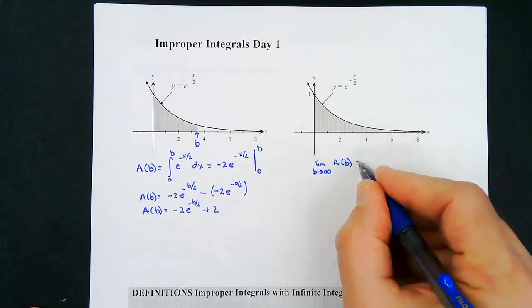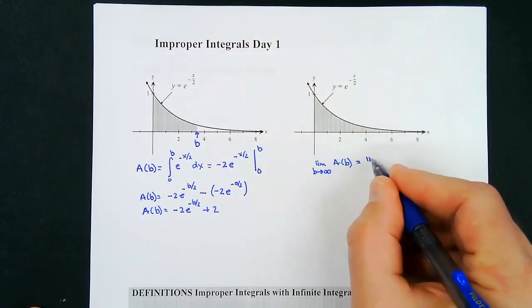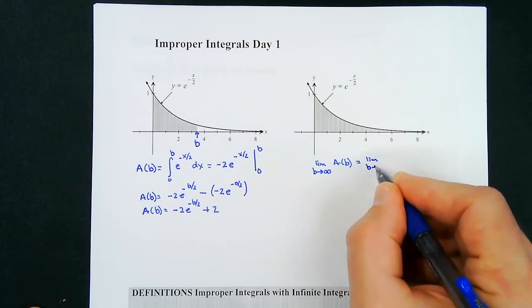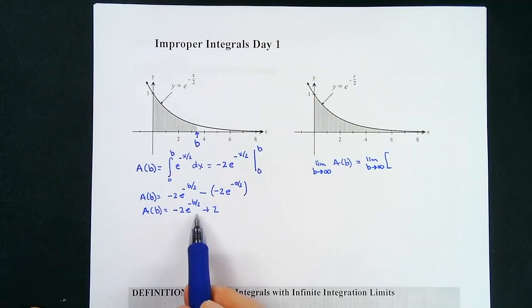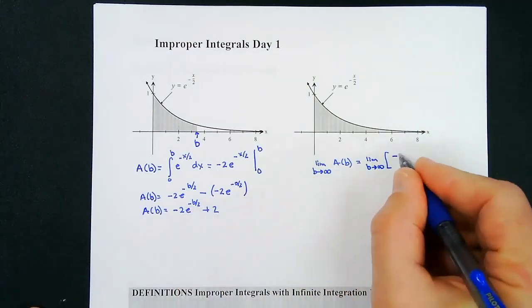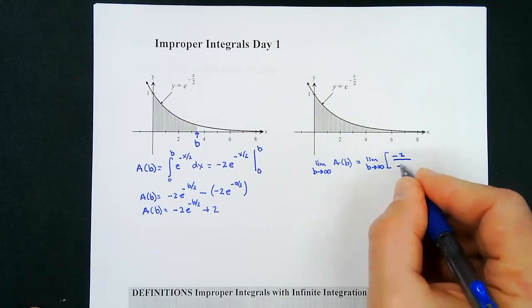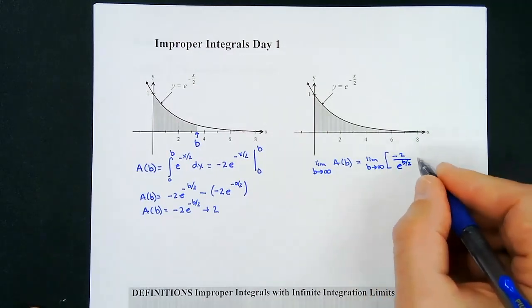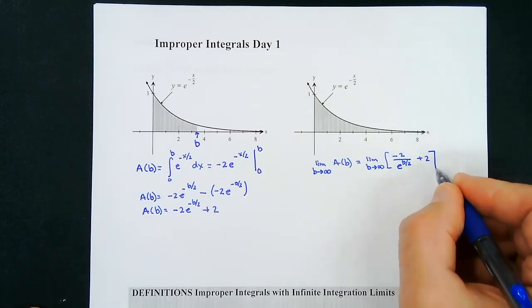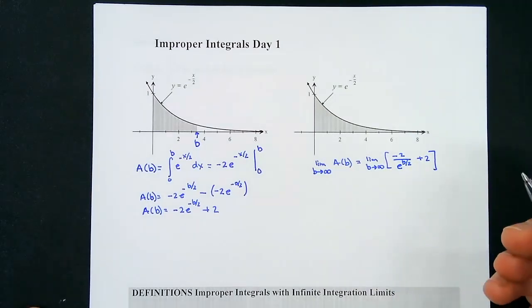So this would equal the limit as b goes to infinity of my A of b function, and right here's my A of b function. Now we have a negative exponent here, so this really becomes negative 2 over e to the positive b over 2 power, and then plus 2. And what happens when b goes to infinity?